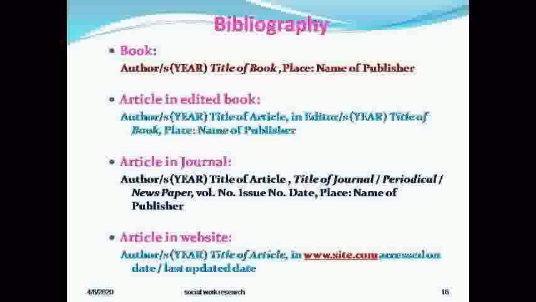Sometimes it is monthly. If it is a monthly publication, there will be 12 issue numbers. Each number represents 1 month. If it is a quarterly publication, issue number 1, 2, 3, 4. Each one refers to each quarter. If it is a half yearly publication, there will be issue number 1 and 2. Followed by the date, place and name of the publisher.